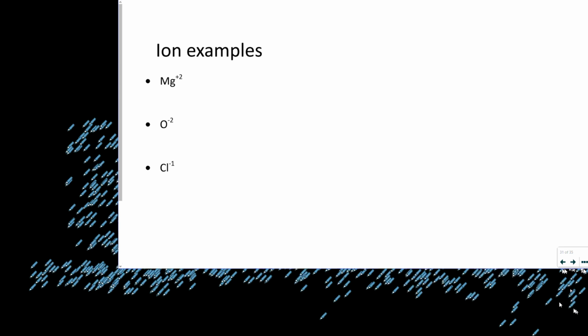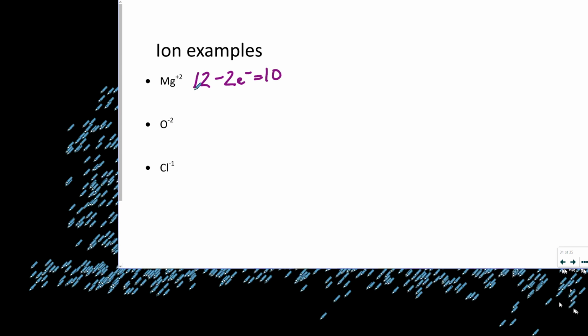So let's look at these. So up here I have magnesium, which I tell you has a +2 charge. We're going to go over at a later time how you know what charge they are. But magnesium on our periodic table is number 12. And since it tells me that it's a +2 charge, that means that it lost 2 electrons. So I need to subtract 2 electrons. So I actually only have 10 electrons there that need a place to go.